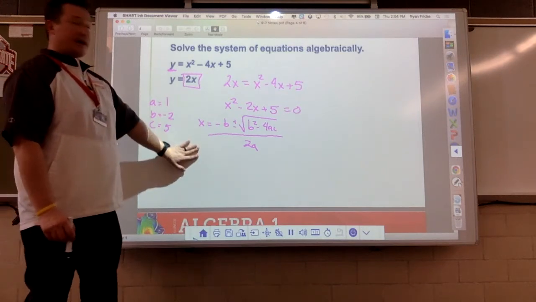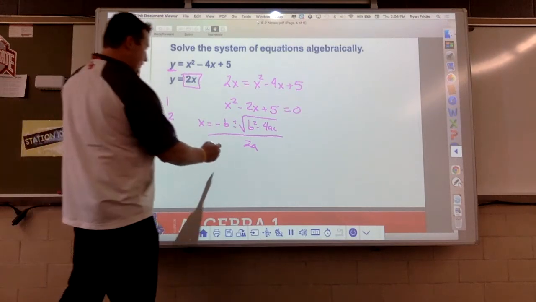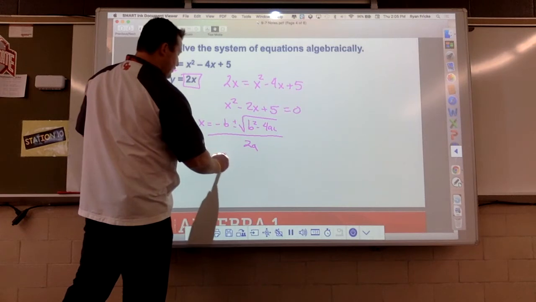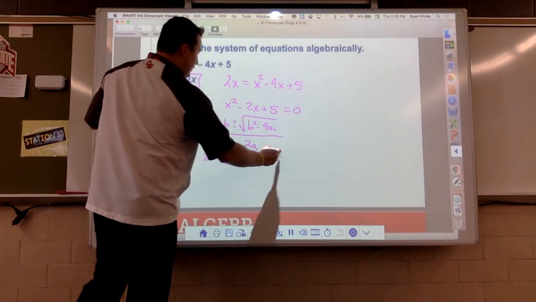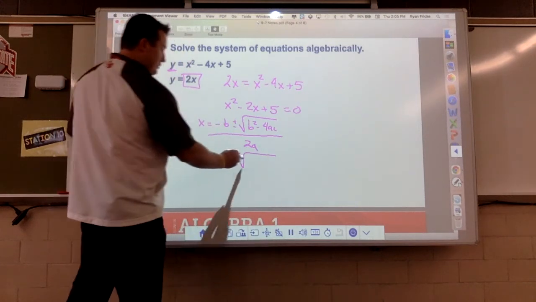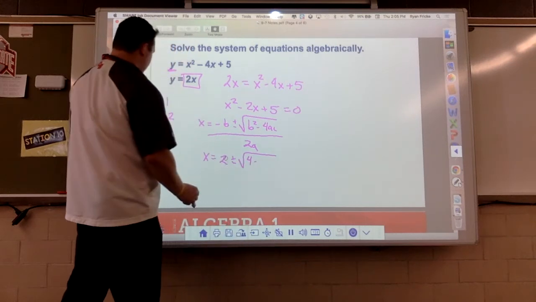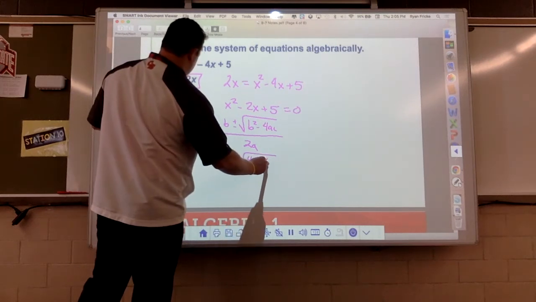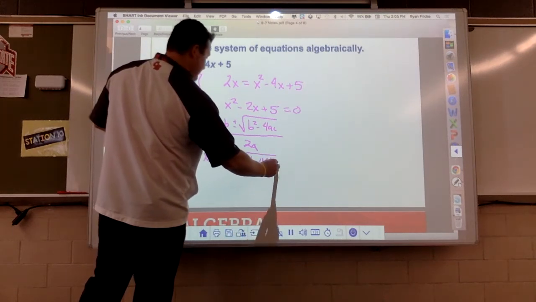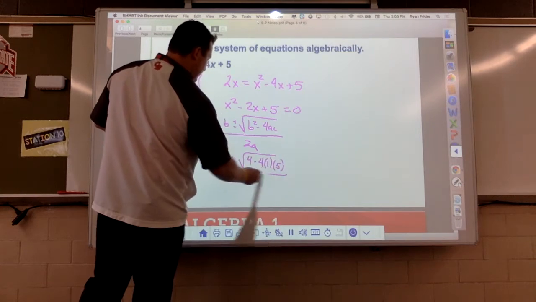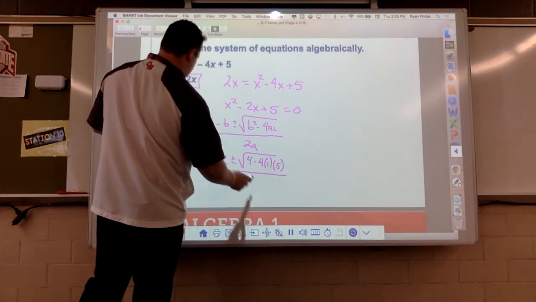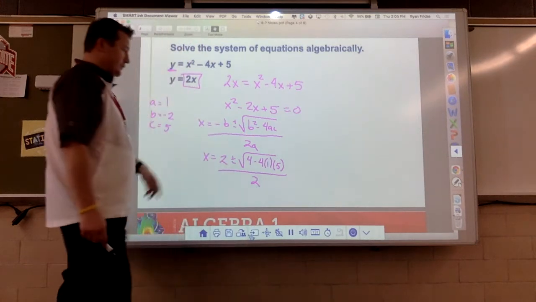Let's plug in what we know. The opposite of b is going to be 2. b squared is 4 minus 4 times a, which is 1, times c, which is 5, all over 2a, so just over 2.